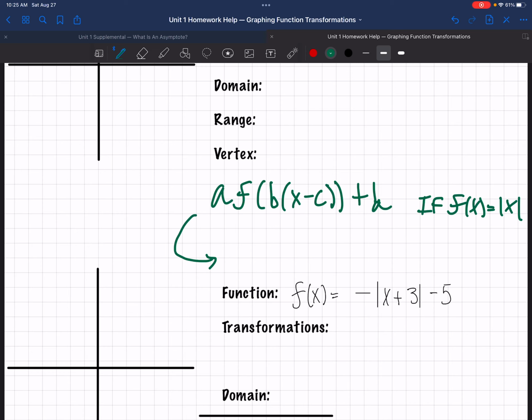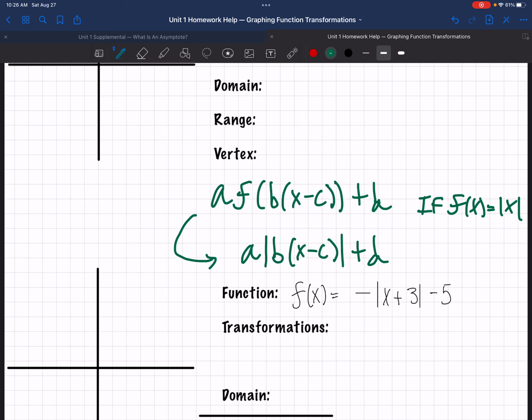Well, f of b times x minus c is your input, so I'm inputting b times x minus c into the function, which is absolute value. On the outside of those bars, I'm multiplying this by a, and I'm adding d. That's the more formulaic form for absolute value with a, b, c, and d.